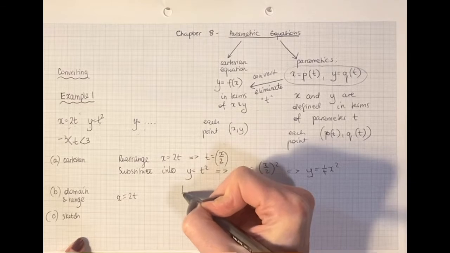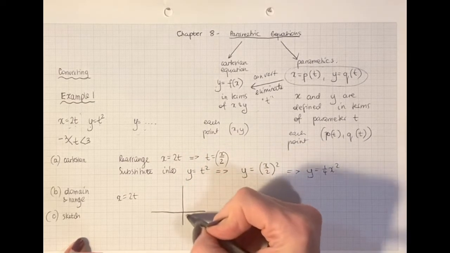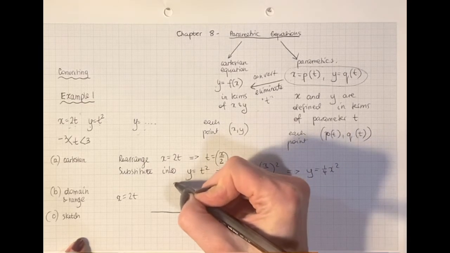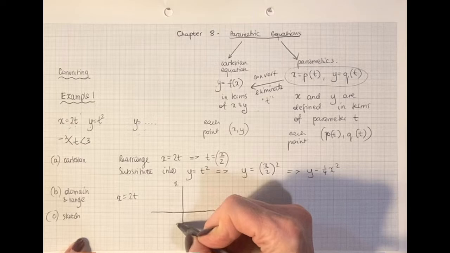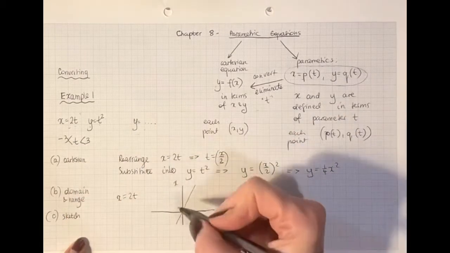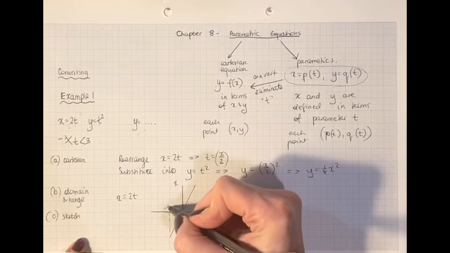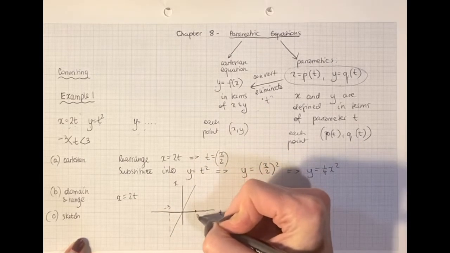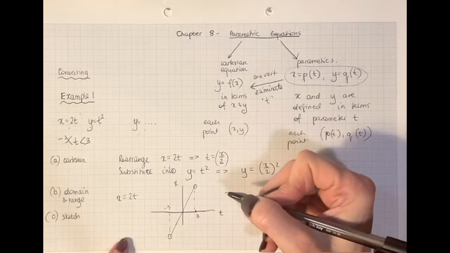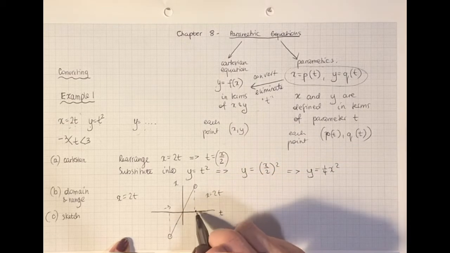If you draw the sketch of that function, this is just a straight line, if you plot t on the horizontal axis and x on the vertical one with a gradient 2. However, we are starting from -3. So if we put -3 here, up to 3, not including the end point, this is my graph of x equals 2t, from -3 to 3.